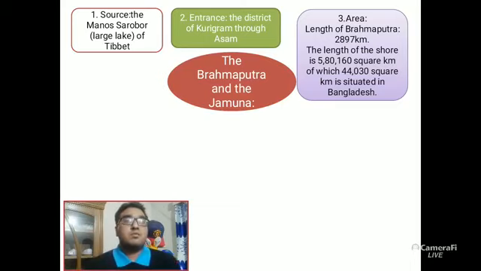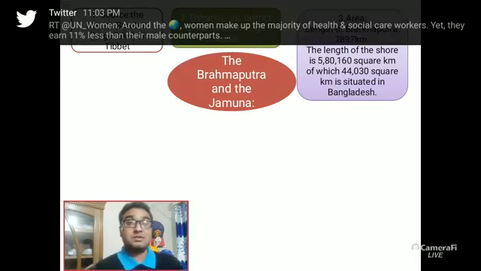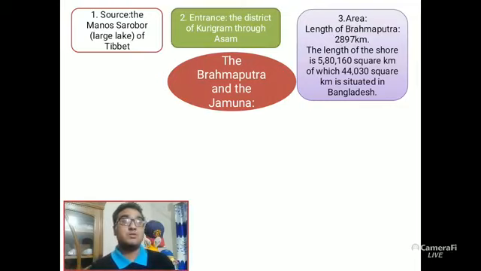The length of the Brahmaputra is 289 kilometers. The area of the basin is 5,80,160 square kilometers, of which 44,030 square kilometers is situated in Bangladesh. So this is all about the area of Brahmaputra, and you must give this information in your answer script when you write about the river Brahmaputra or Jamuna.